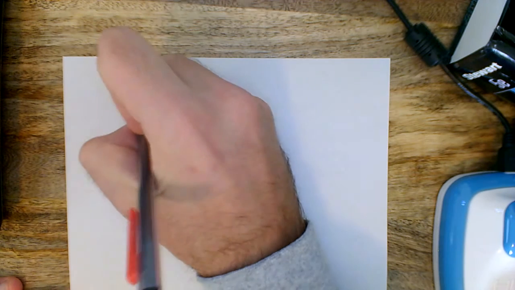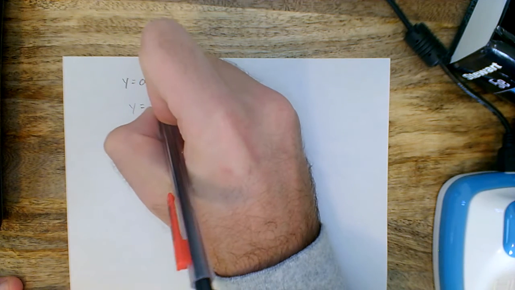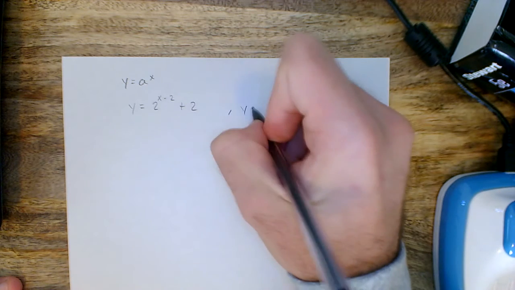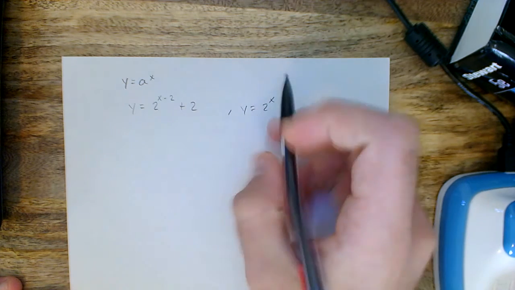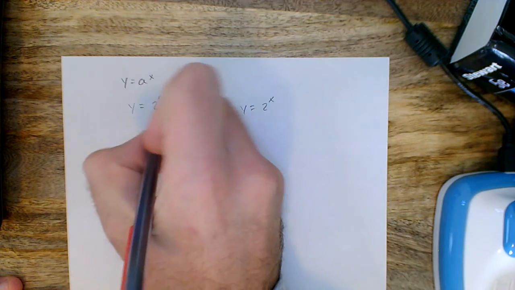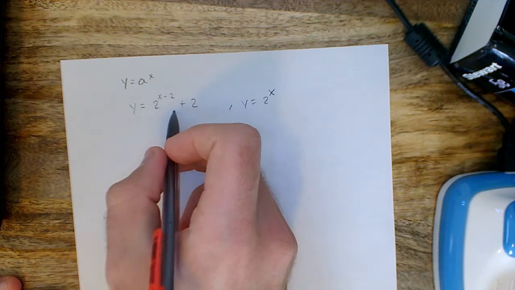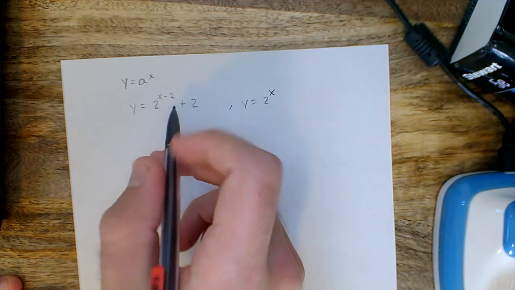But you can do any two combinations of them. So for example, y equals 2 to the x minus 2 plus 2 would shift the graph of y equals 2 to the x to the right 2, because we have this x minus 2 here, and also up 2 points. Okay, so that's how you can do both a horizontal shift and a vertical shift at the same time.